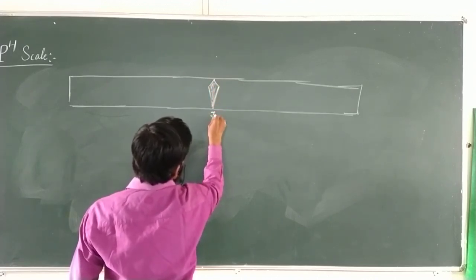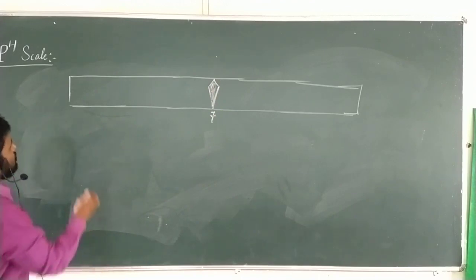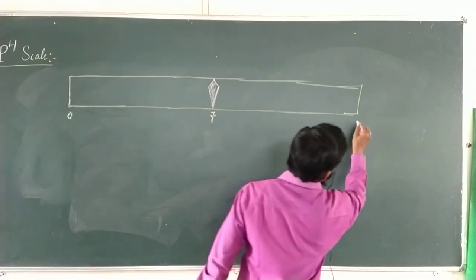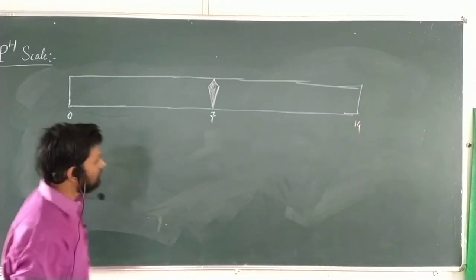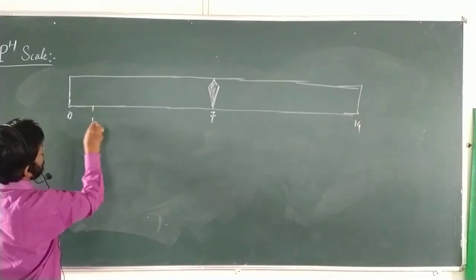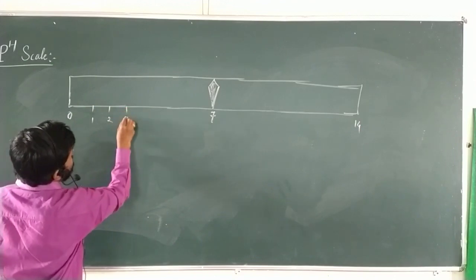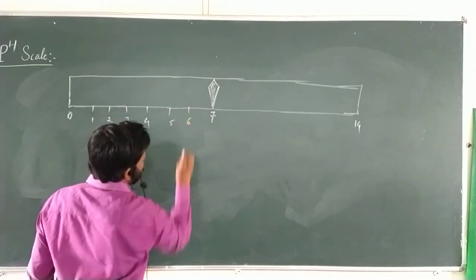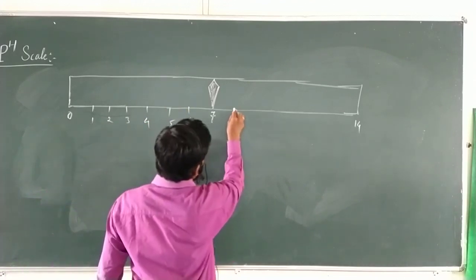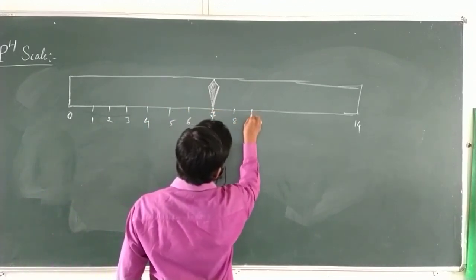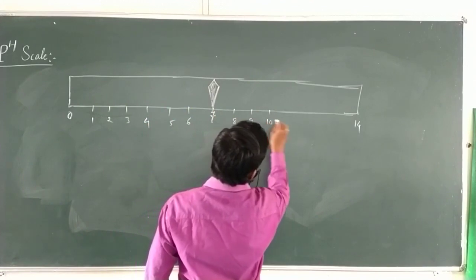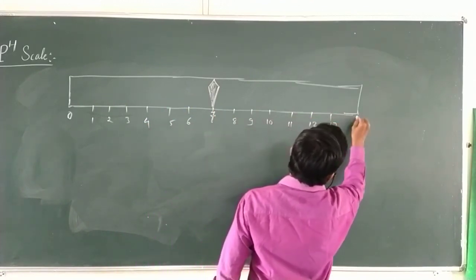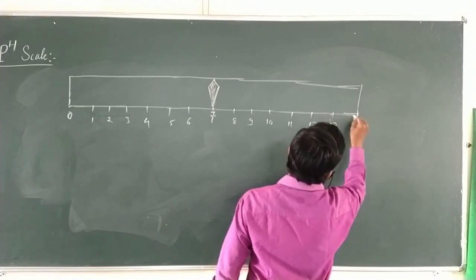If the pH value is 7, we say it is neutral. The pH range starts from 0 and goes to 14. Here 1, 2, 3, 4, 5, 6, and again 8, 9, 10, 11, 12, 13, and this is 14.